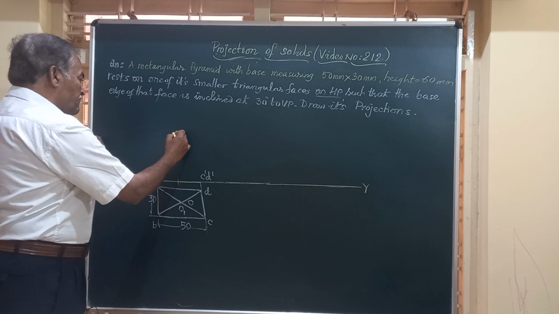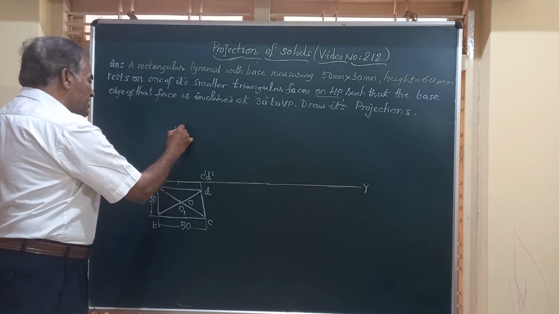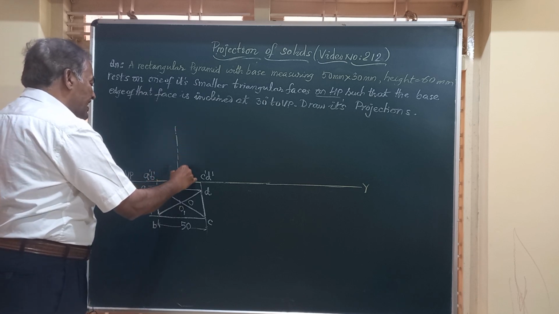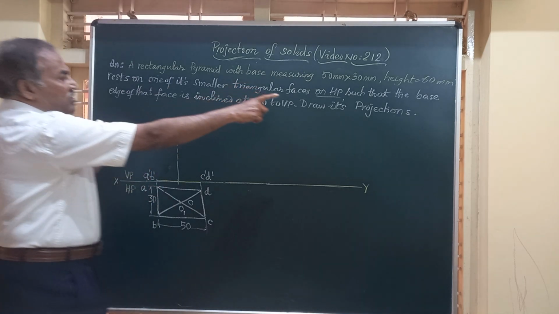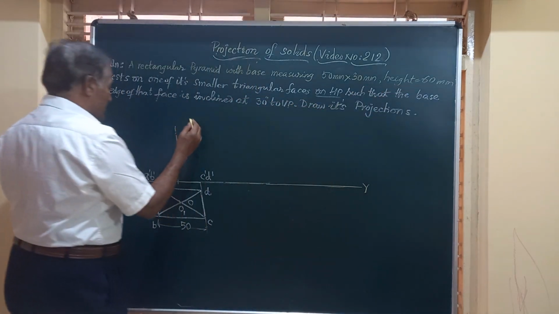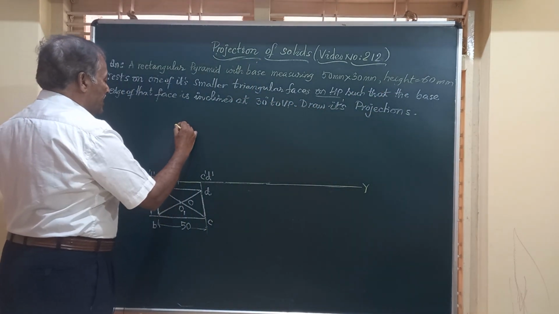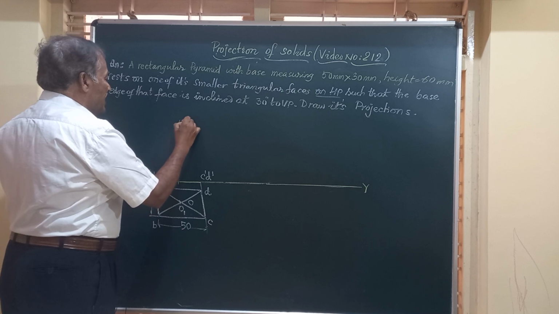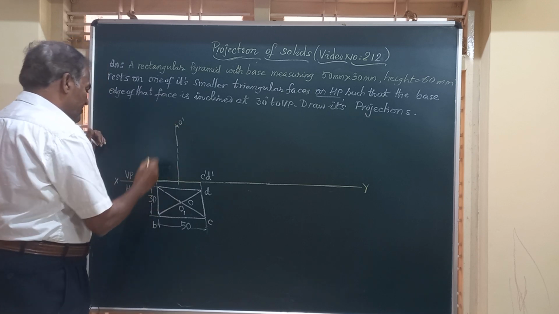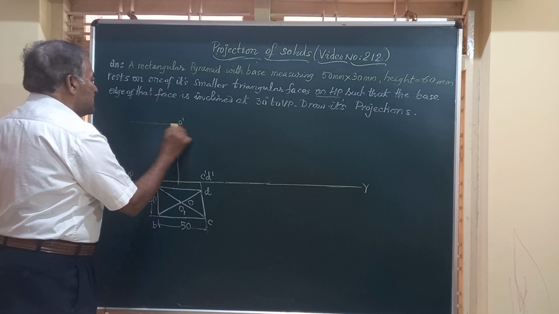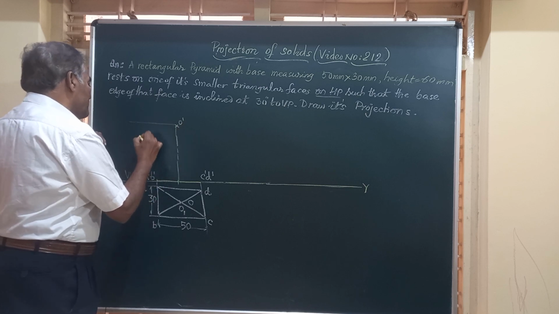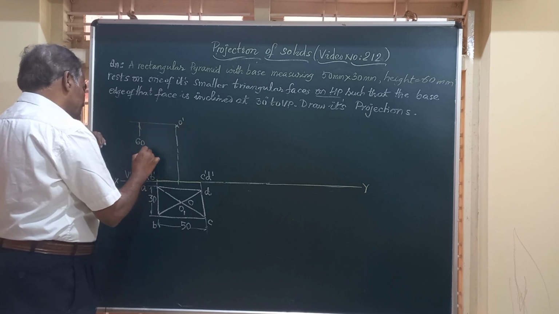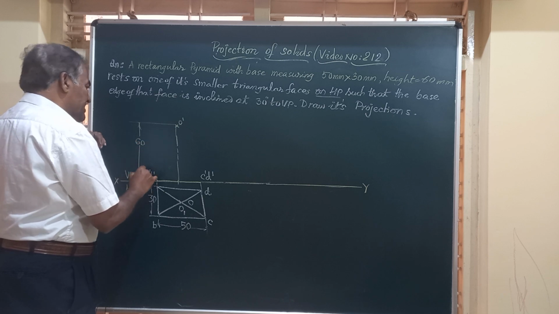So from here, to obtain the front view, let us draw the axis of the solid, which has a height of 60 millimeter, and I will call this O dash. O dash is at a height of 60 mm from here. So I will draw a horizontal line and show the height of this solid, that is 60 millimeter.